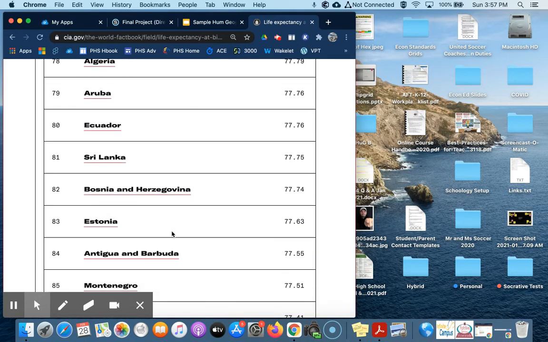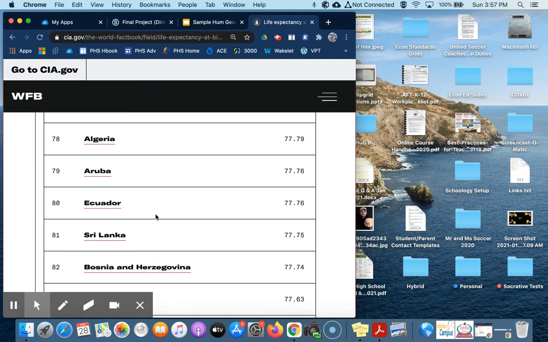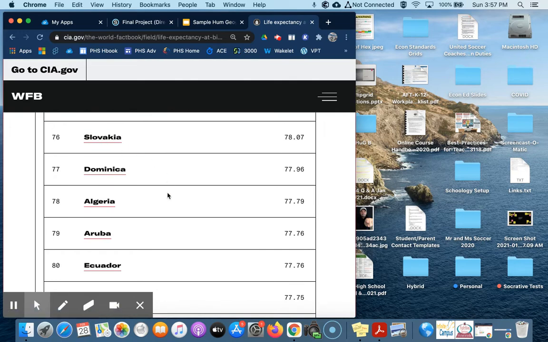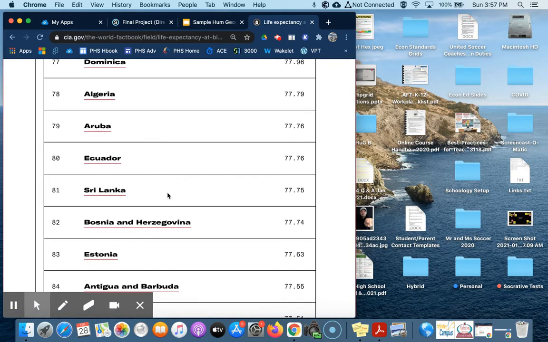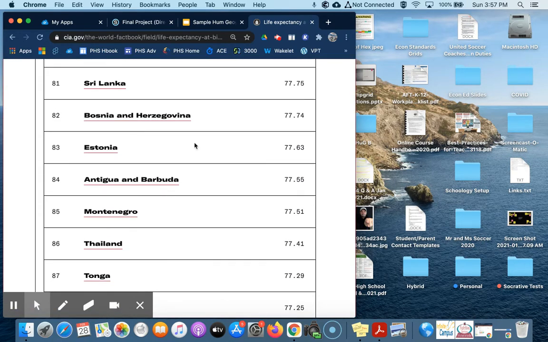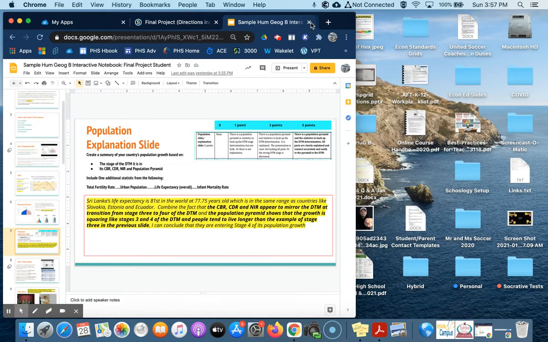And I can see some other countries that are around the same number I have, like Ecuador, Estonia, and Slovakia, sorry, was in the 70s. So including a piece of information like that is useful for a reader because it shows that you have a good grasp of where your country ranks, not only just with a number, but where it fits along a list of other countries around the world.